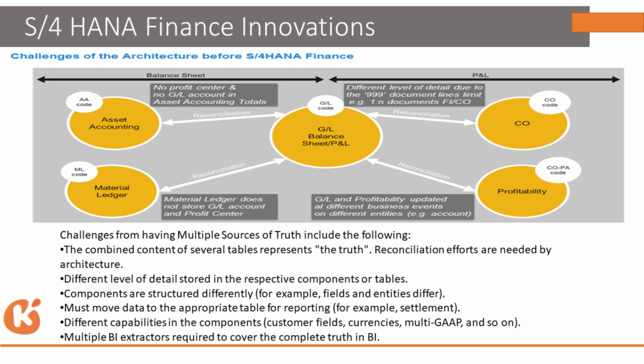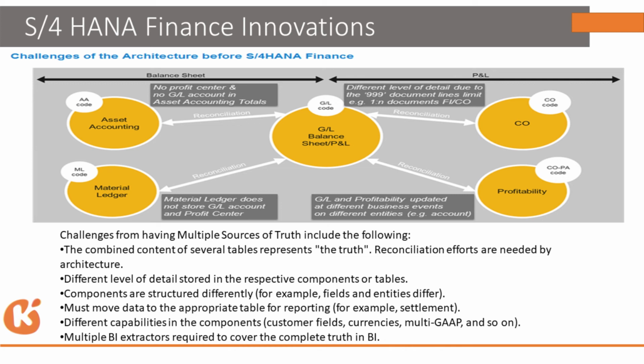Here is another thing we will discuss. Earlier in ECC, what were the challenges we had? Each of the components used to store into different tables, like asset, material ledger, GL, CO, COPA, everything used to be in different tables.